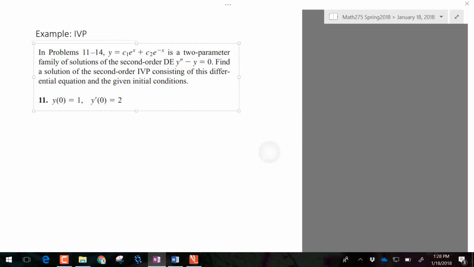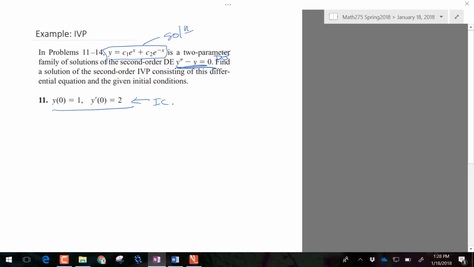So here's our differential equation, and this is our considered solution, and these are our initial conditions. You get to start off with a differential equation and initial conditions, and both of those together are called an IVP, initial value problem. And then you work to find a solution.